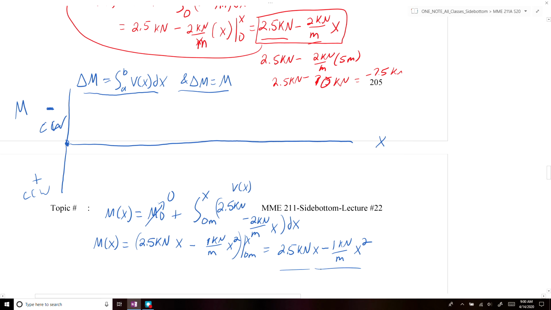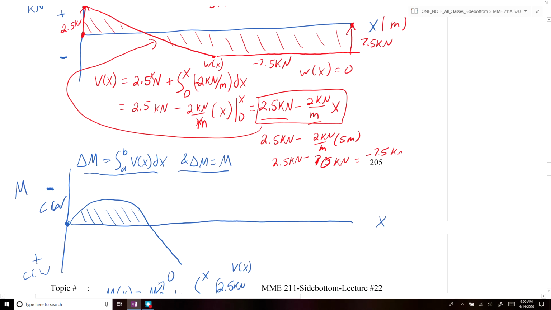Since there's a negative sign in front of the x squared term, we know it's going to be concave down, so it'll look something like this. This is valid from 0 to 5 meters.